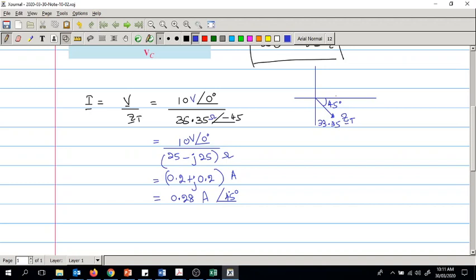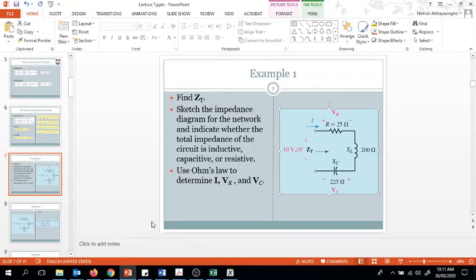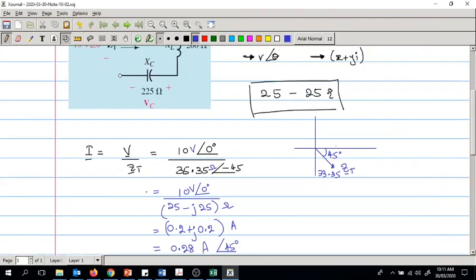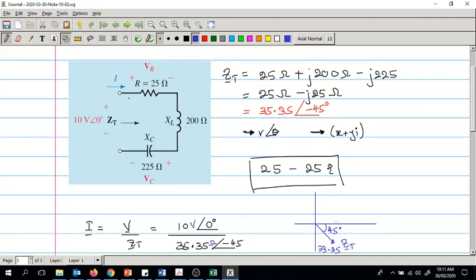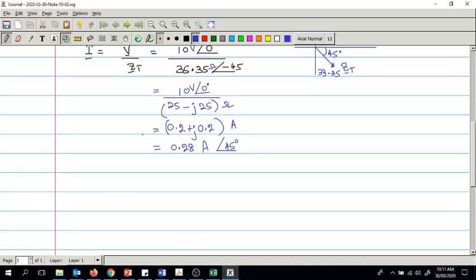So use the calculator to do all these without trouble. So I is calculated. What else do we have to calculate? VR. Once you know I is the current that goes through the entire circuit, VR is I into R. Now R I did not mention as a complex number because it's a scalar in this calculation.